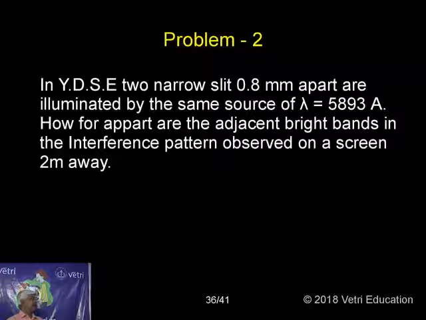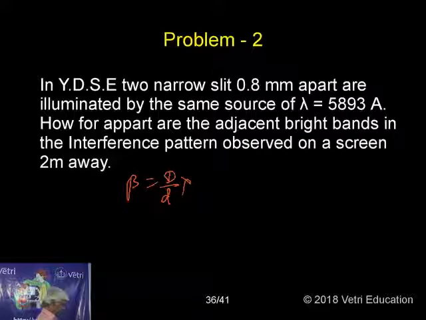How far apart are the adjacent bright bands in the interference pattern observed on a screen 2 meter away? 2 meter away gives the value of capital D, and 0.8 millimeter is the value of small d. We know the bandwidth formula, beta equals capital D by small d into lambda.